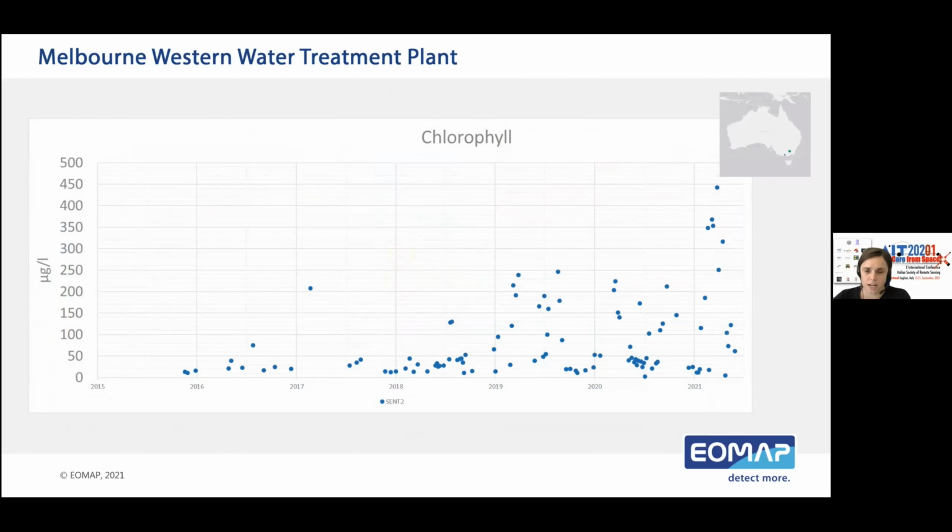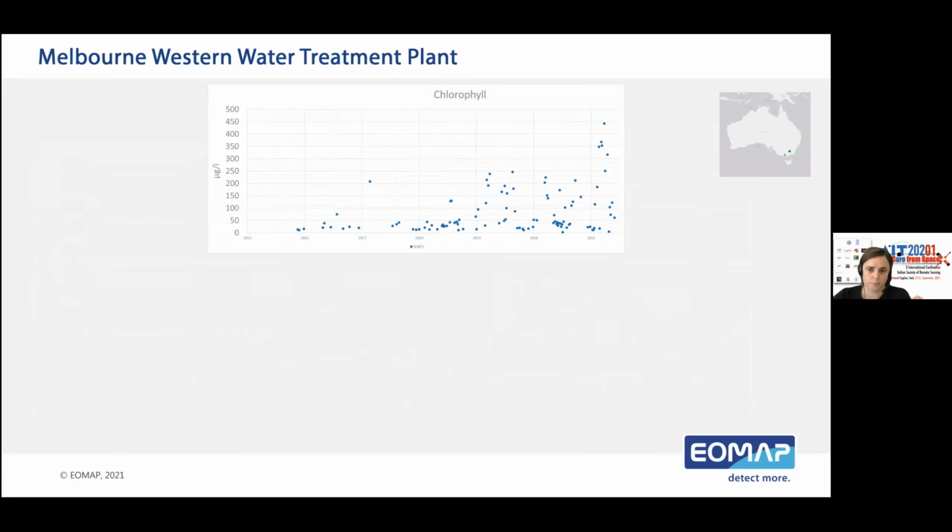So if you look at the time series, we don't see that much of a seasonal trend because it's a managed system. So that's why there are also short-term differences.